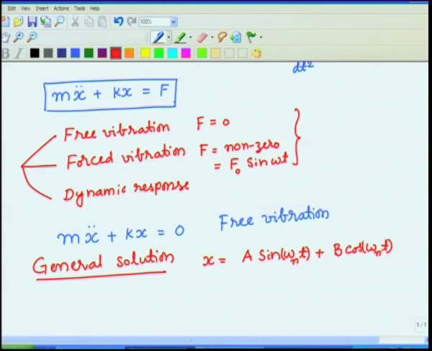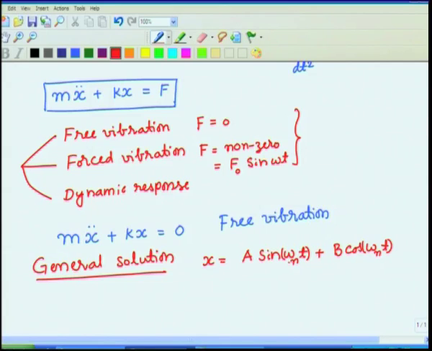We could have just put sin t and cos t, but we know that if it is periodic, with omega n or any other constant, it will still satisfy this equation. That is why we call it the general solution.